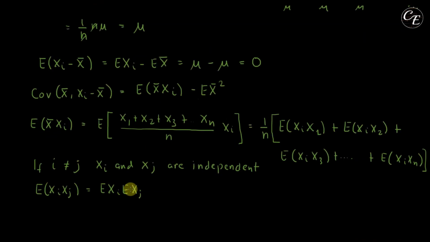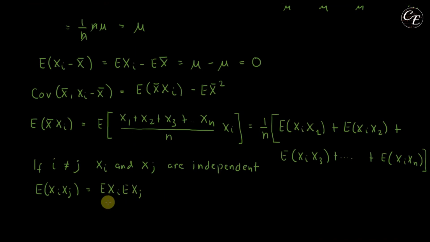So we have this. Now in here, this is x sub i, x sub j, where j is from 1 to n. We know that there's only one term in here where i equals j, and for the rest of the terms, i is not equal to j. So for the rest of the terms, they are independent. So for n-1 terms, we can put the expectation of their product like this.